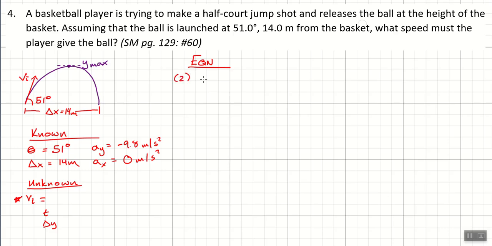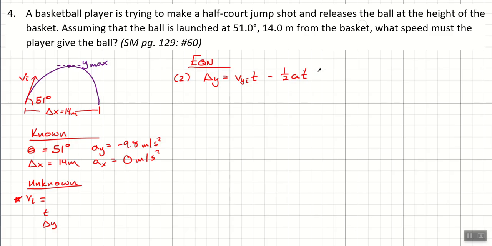I'm going to do one thing. I'm going to subtract the y sub i over right away, so I can just call it delta y. Cool. So here we go. Delta y is exactly equal to Vy initial times time minus 1/2 a t squared. Is that the right equation?